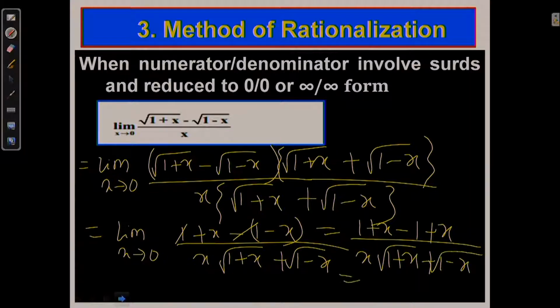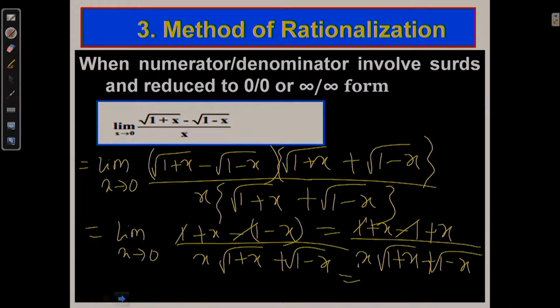You see, minus minus will be cancelled, the numerator becomes 2x by something. So 2x divided by x, the value becomes 2.